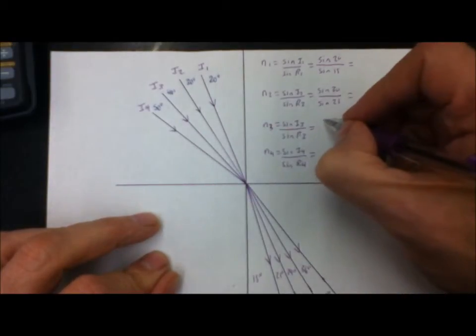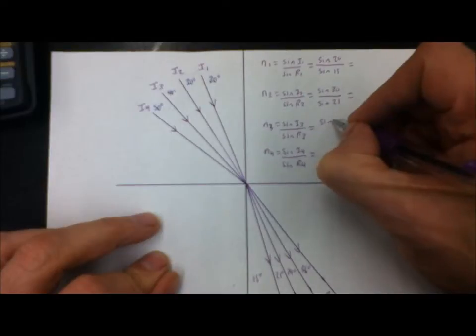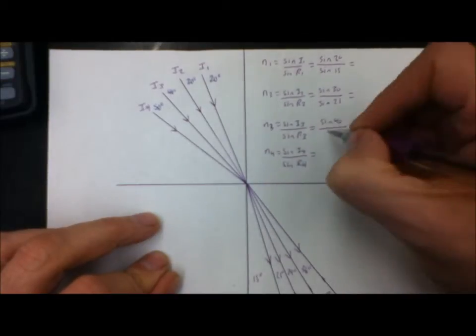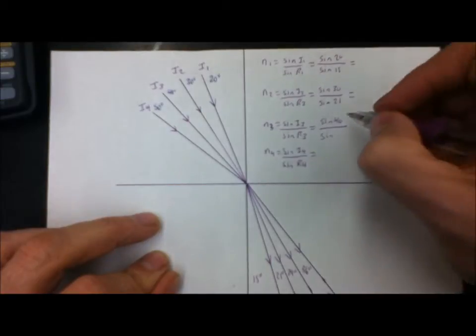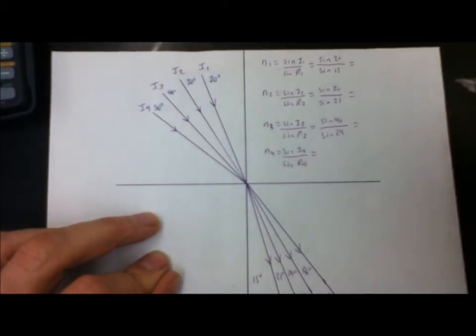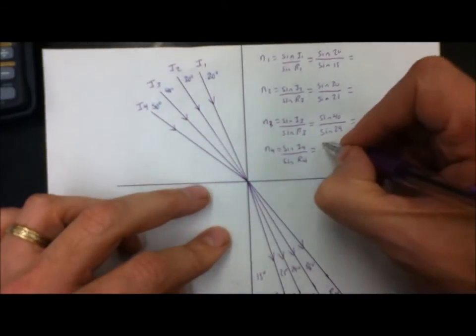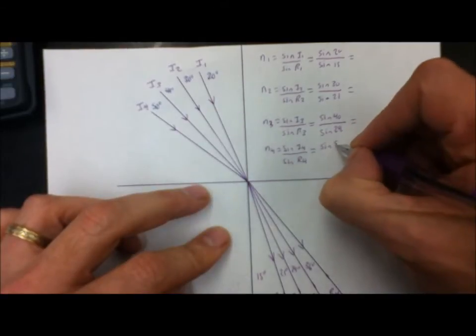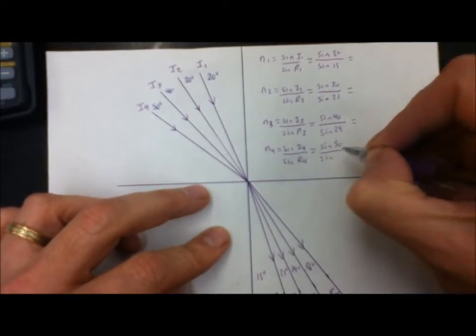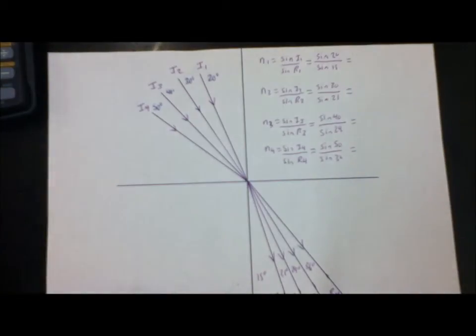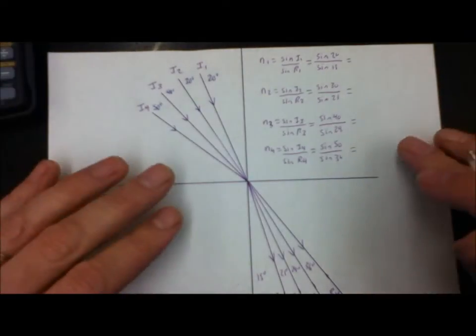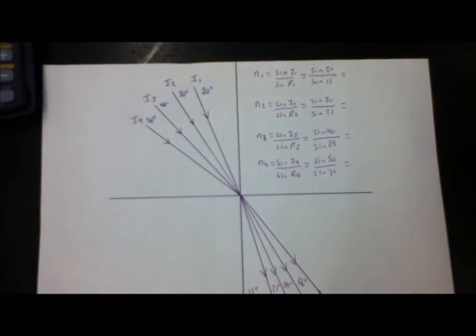And then we're going to take the sine of i3, which is 40, over the sine of r3, which is 29. And we'll do the sine of i4, which is 50 degrees, over the sine of r4, which is 36. Okay, and we can plug those numbers into our calculator here.